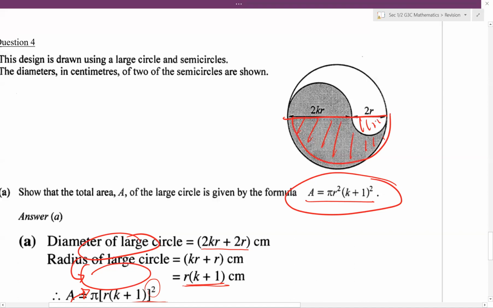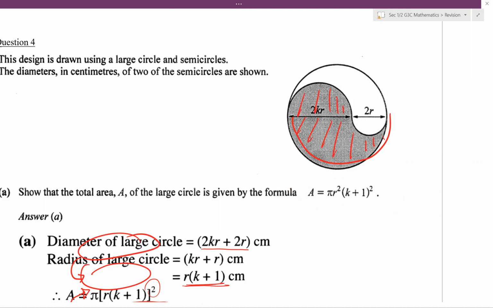Take away the area of the unshaded tiny semicircle. So with that, you found the remaining shaded part. You add it to the previous shaded part, you get the area of the total shaded part.